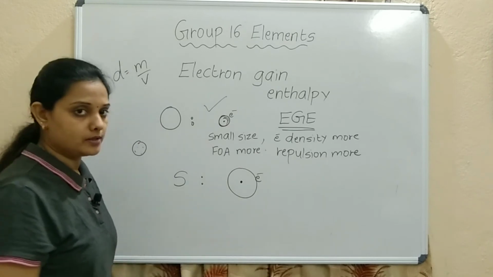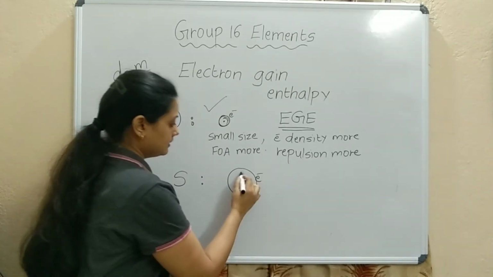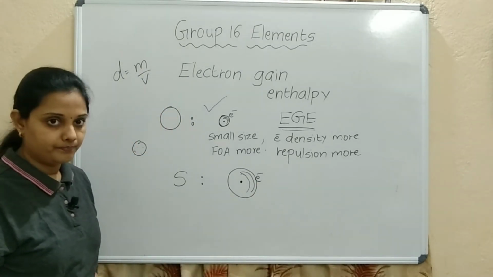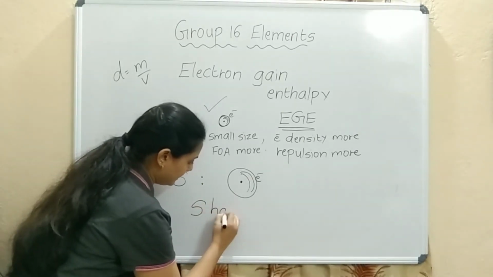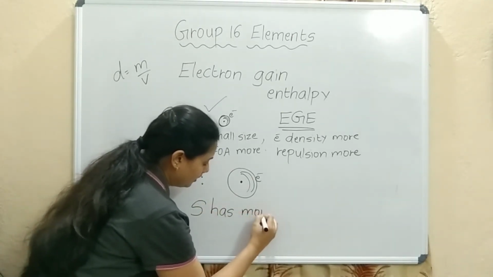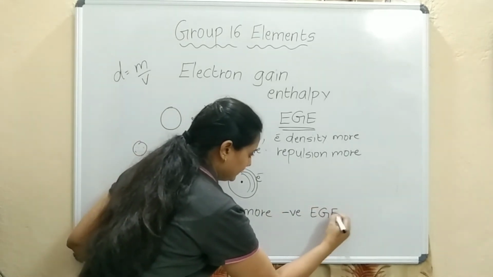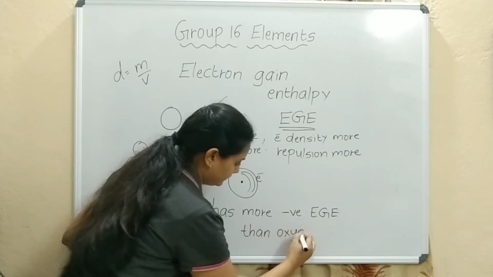In case of sulfur also repulsion will be there, correct, because there will be electrons in the orbits. So we write here that sulfur has more negative electron gain enthalpy than oxygen.